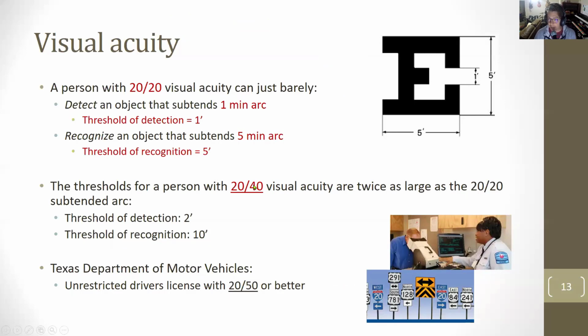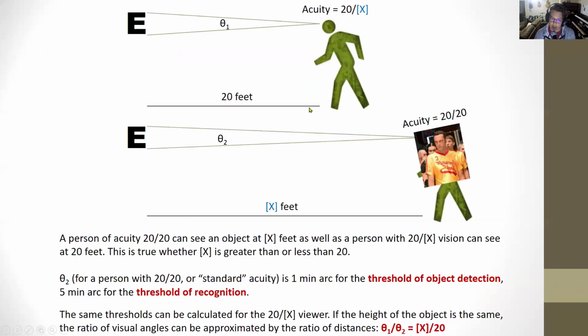If we talk about a 20/20 or a 20/40 person, we can plug in the 40 person here. So we can have 20/40 at 20 feet. What's their subtended angle? And Joe standard at 40 feet, what's that subtended angle? If I go from 20 to 40 feet, that is proportional to the ratio of the two subtended angles. That's this equation down here again.